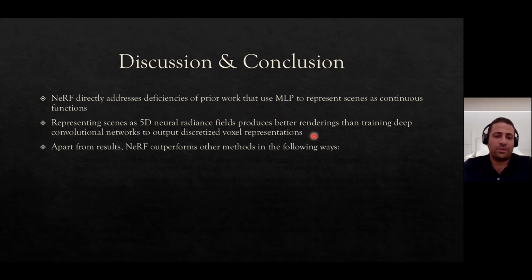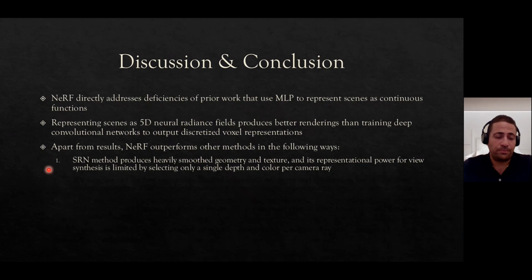Now, the interesting part that I want to highlight, away from the results: NeRF outperforms the other methods in the following ways. First, the SRN method produces very smooth geometry and texture, and its representational power is limited by selecting only a single depth and color per camera ray.